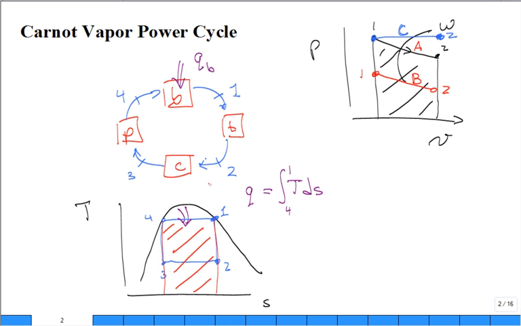Now, where do we reject heat out of this cycle? In the condenser. Okay. What does the process look like in the condenser? It goes from state 2 to 3. It goes from an S2 to an S3. Which entropy is greater, at state 2 or at state 3?